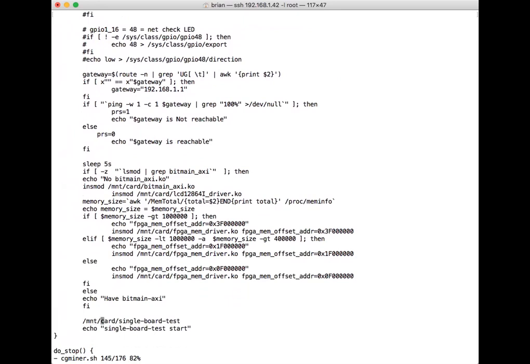Here's where it runs. It actually runs in the background. So they call it and it returns, and then it says echo single board test start. So it'll actually print this in your web output if it's running right off the X shell or the putty term that you use. But this is where the test starts. So everything else is probably run before this on the Linux system. And then it gets to here and it runs the test.